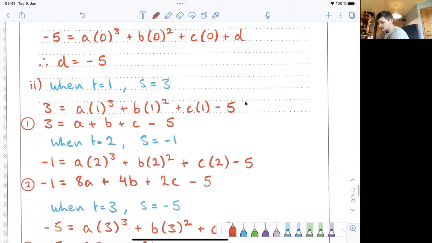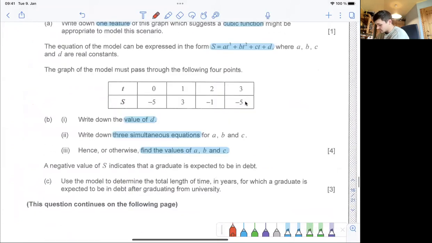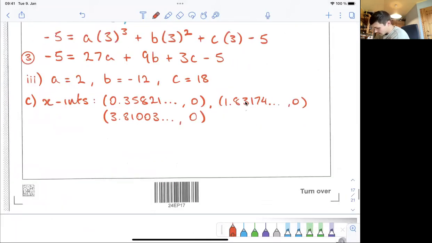And we know that it's from essentially t equal to 0 up to that first one. All right. So s is below 0 for 0.35821 years, and then plus the time in which s is below 0, which is between these two x-intercepts.